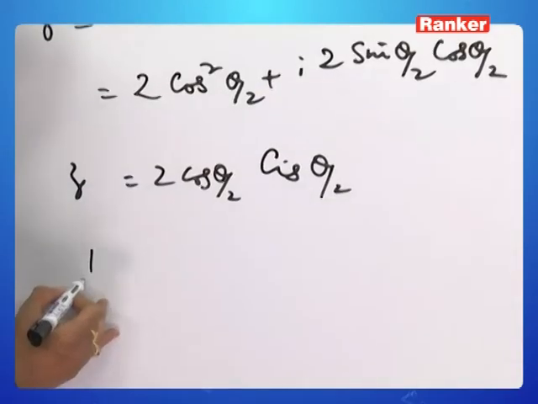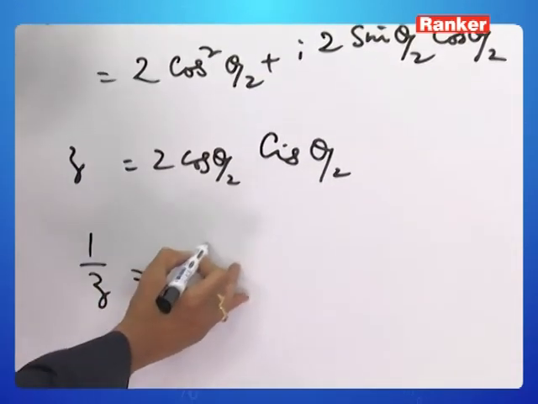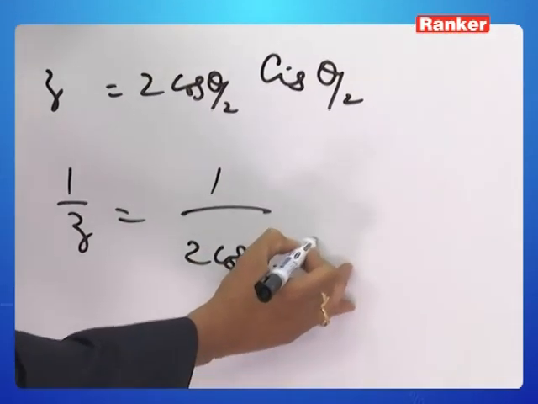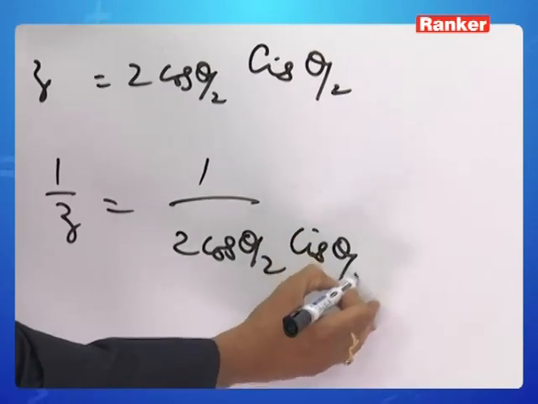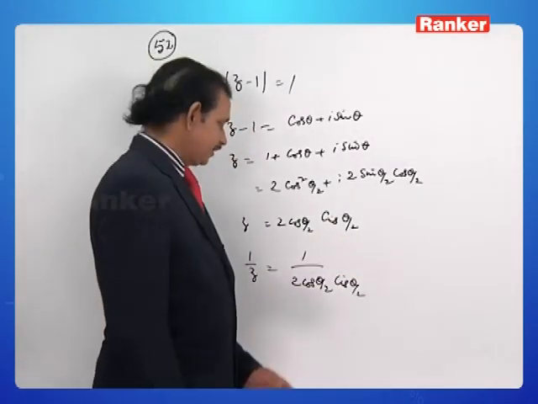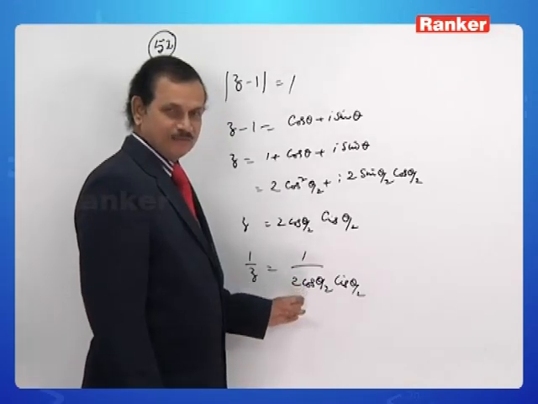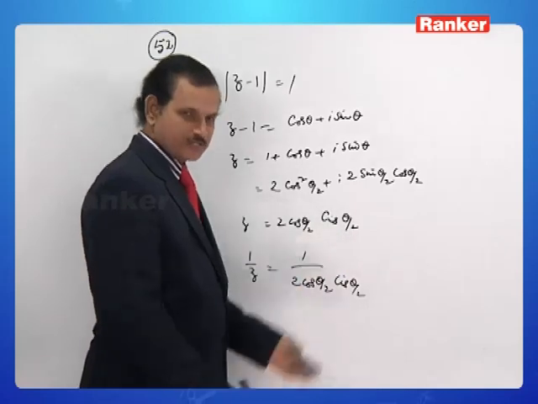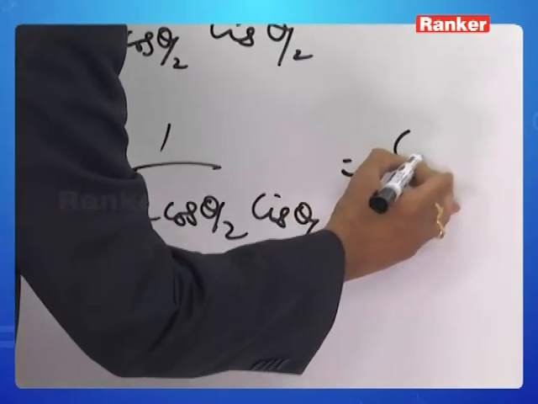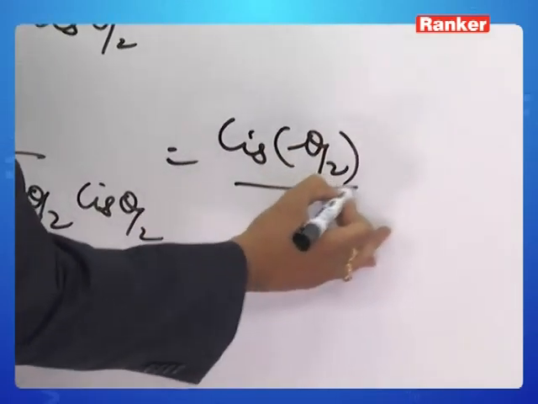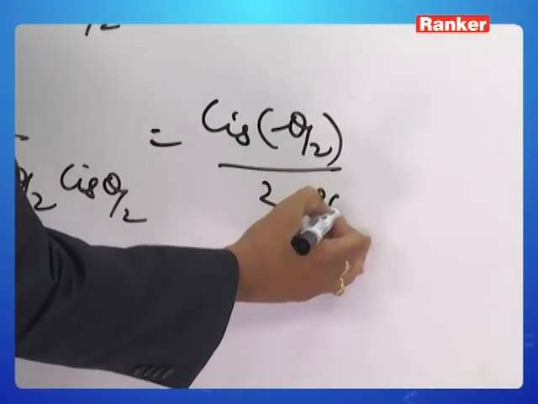What is 1/z? 1/z is 1/(2 cos(θ/2)) into 1/cis(θ/2). You cannot do anything with 2 cos(θ/2), but if we send cis(θ/2) to the numerator, it becomes cis(−θ/2) divided by 2 cos(θ/2).